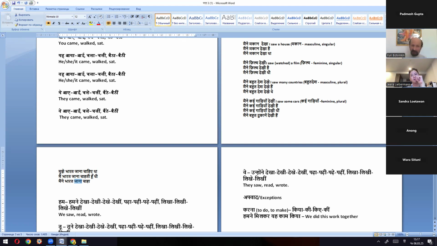Okay. But even this you can say as a one-time action. You can say मैंने भारत जाना चाहा. Grammatically you can also put it into present perfect, like मैंने भारत जाना चाहा है. Till now I have had this desire to go to India. Okay, so there was a period in my life when I wanted to go to India.